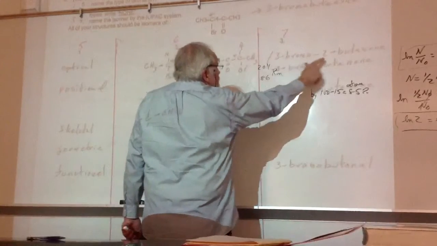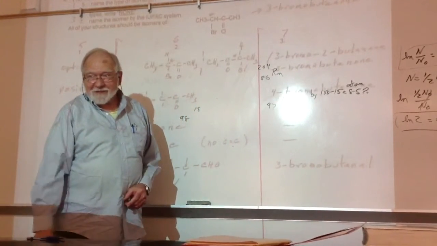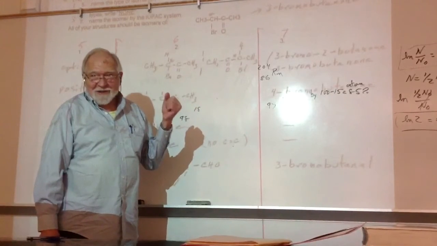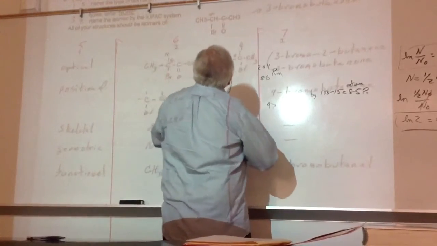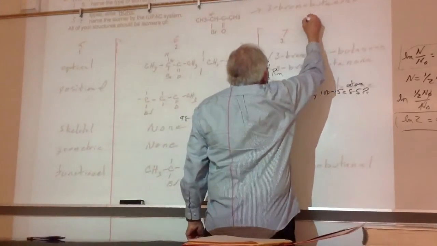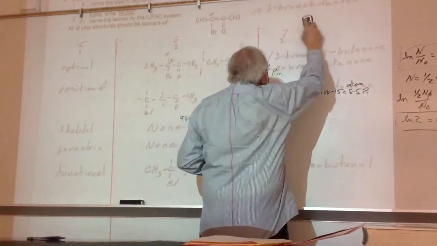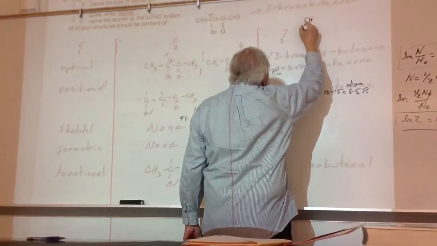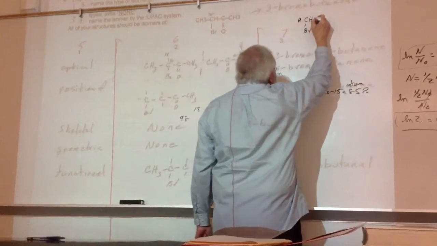And I accepted 2-butanone, but what's the only place you can have a ketone for a 4-carbon chain? On the number 2 carbon. So if you move this methyl group over here, you have this thing. And you put another H there, which is right.